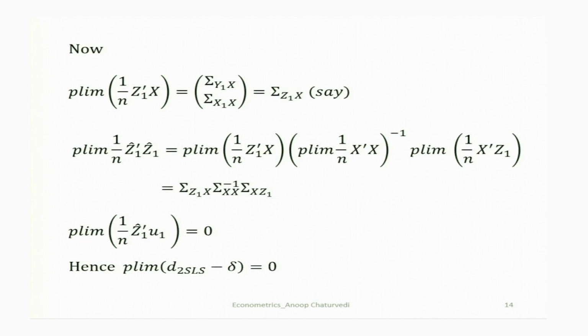Now, the probability limit of 1/n Z1 transpose X is equal to, say, sigma_{Y1 X}, sigma_{X1 X}. Just write Z1 equal to [Y1 X1]. So you get this expression, and we write this equal to sigma_{Z1 X}, say. Then the probability limit of 1/n Z1 hat transpose Z1 hat is equal to the probability limit of 1/n.